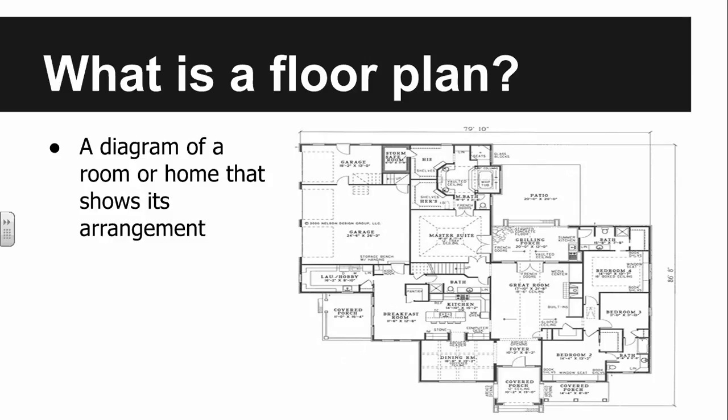Essentially, you can do room by room and then put them all together. But make sure that you include dimensions, and you can see there's a bunch of dimensions, and everything is labeled. Then you take it a step further, and you can add furniture, but you'll do that after you start doing floor plan drawings.